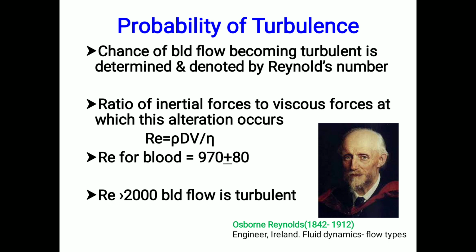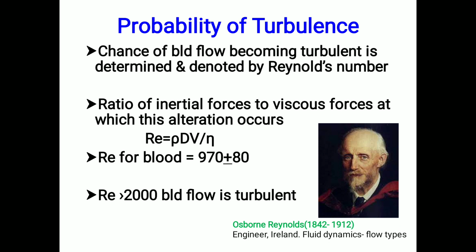So this is seen whenever there is an increase in the velocity of blood flow, or whenever a patient suffers from anemia where viscosity is decreased. This formula is very very very important from exam point of view. What is the cutoff to tell whether the blood flow is turbulent or laminar? If the value is above 2000, then the blood flow becomes turbulent, noisy blood flow.